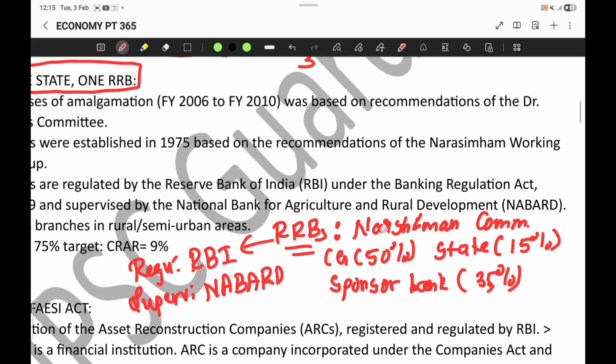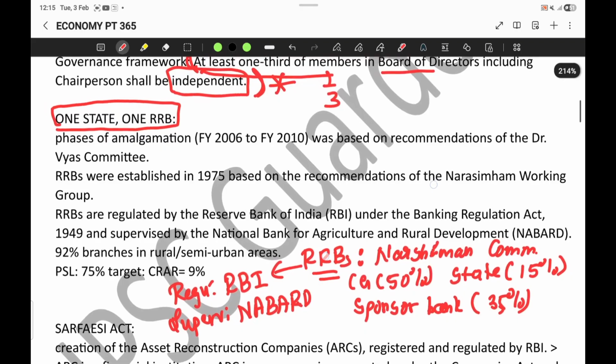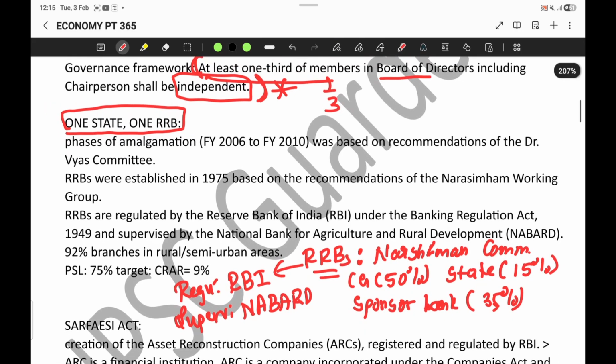Okay, so what are the changes or developments we have seen? Phases of amalgamation were based on the recommendation of the Dr. Vyas Committee. RRBs' formation was under the Narasimhan Committee; their amalgamation is the Vyas Committee. This is where UPSC plays the game, UPSC plays the game with the words.